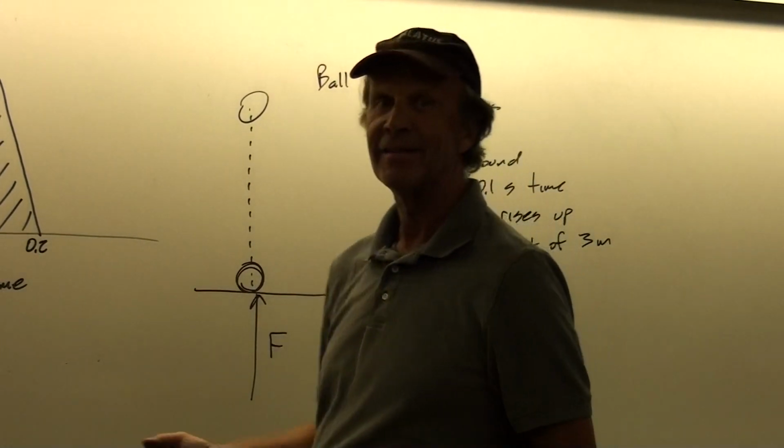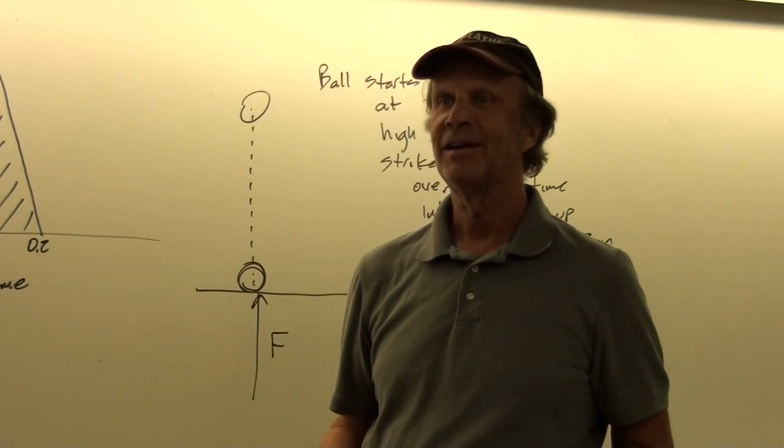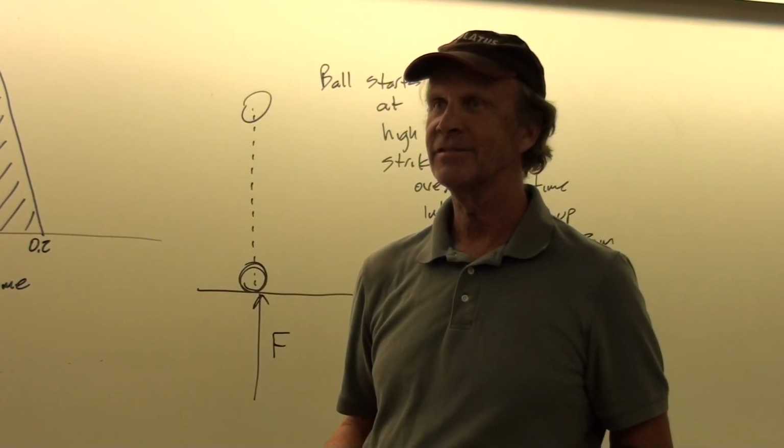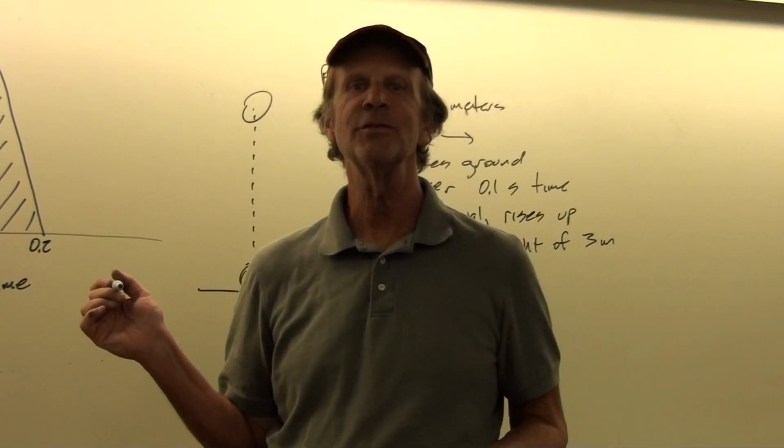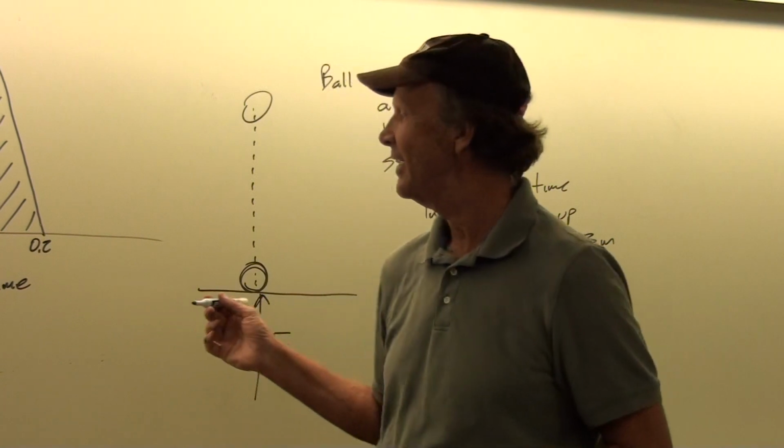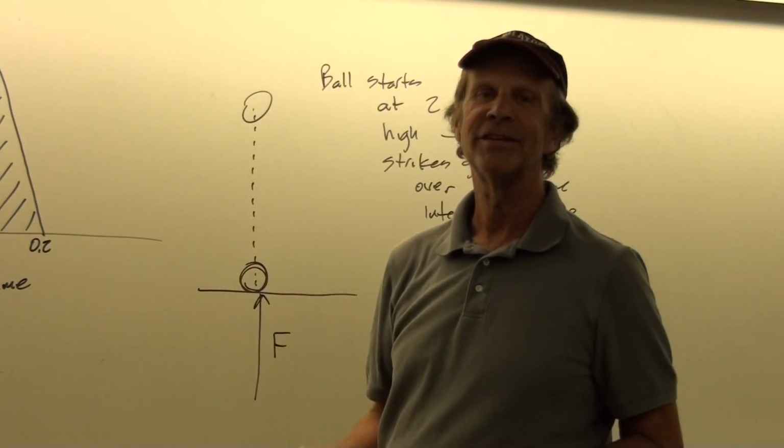So we've had inelastic collisions, we've had elastic collisions where no energy is lost. This would be called a superelastic collision, because here you have more energy afterward than you did before.